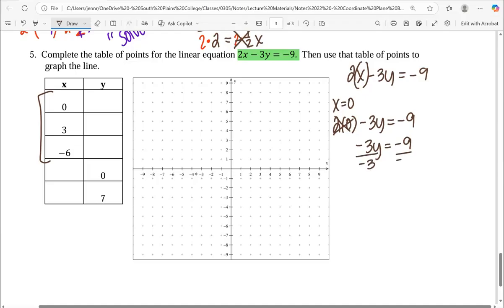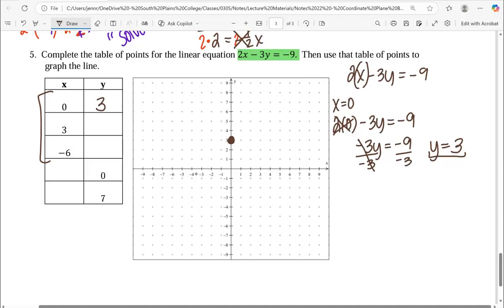When I divide by -3, the y's cancel. -9 divided by -3 is a +3 result. So 0, 3 was my y-intercept.